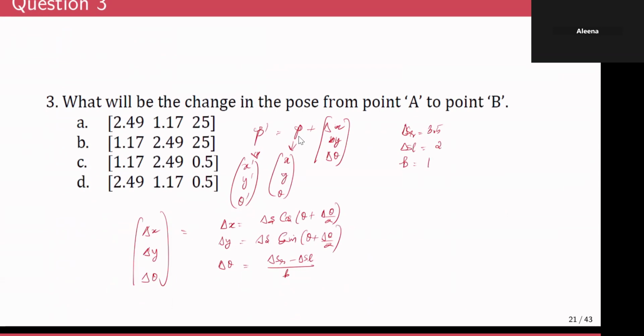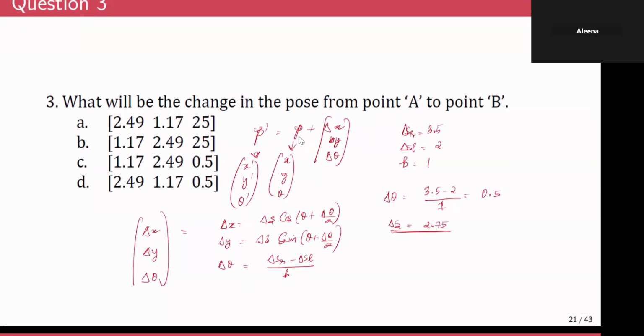So with this information, we'll first solve for delta theta. So delta theta is 3.5 minus 2 by 1. This is 0.5. And delta S, we have calculated it to be 2.75 units from the previous problem.